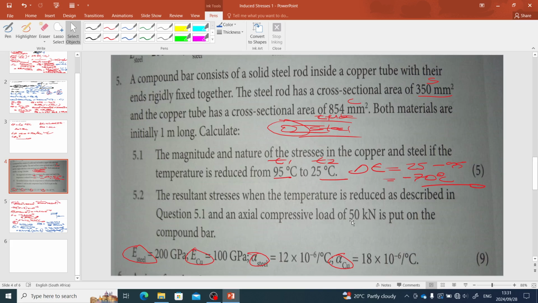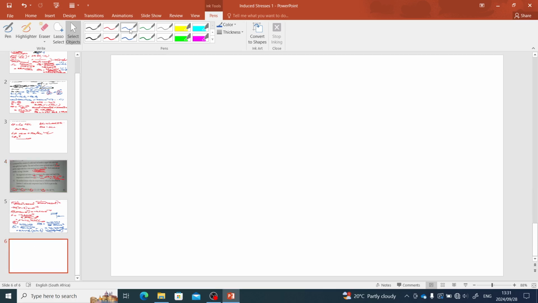Then the second question that they wanted us to calculate is the resultant. We are given the compressive force of 50 kilonewton there. Now we have F_t equals force total or force compression equals force steel plus force copper. Then we know that we have stress steel times area steel plus stress copper times area copper.